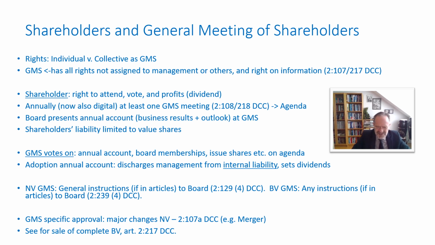However, the law says, and that is of course very broadly and openly formulated, if the board wants to take a decision which results in a major change in the character or identity of the NV, that decision must be submitted for approval to the general meeting of shareholders. The best example is a merger or a sale of the company. Those decisions are major decisions which would qualify for prior approval by the general meeting of shareholders.